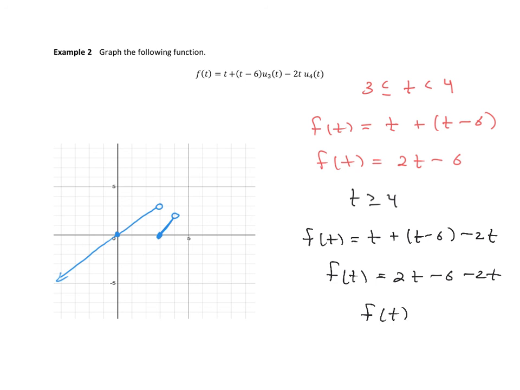Therefore, f of t is actually always negative 6, which is here. And that's a horizontal line like this. So here is a graph of this function. And basically you just have to determine where the changes happen, and then graph the appropriate functions in those 3 separate regions.